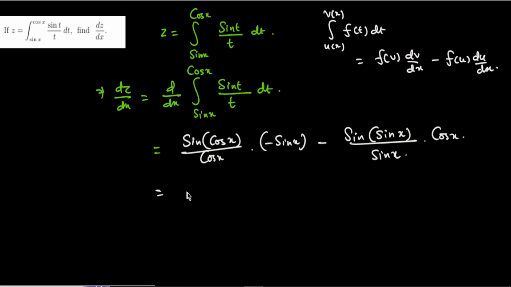Then the answer will be minus sin of cos x into tan x minus sin of sin x times cos x by sin x, and we know that it is cot x. So this is our required answer.